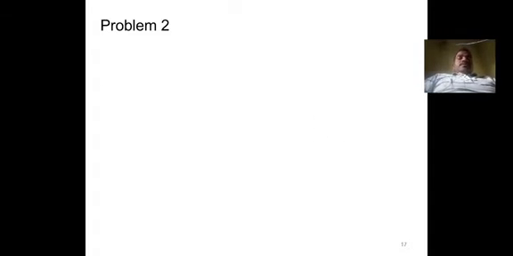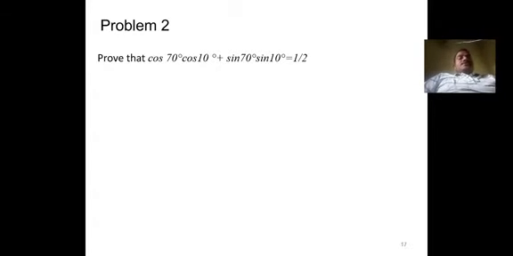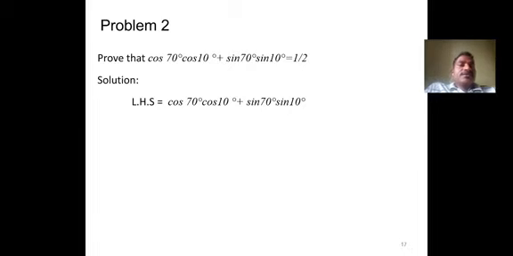Similarly, the second problem: prove that cos 70 cos 10 plus sin 70 sin 10 is equal to 1 by 2. The left hand side is in the form of cos A cos B plus sin A sin B. There is a formula: cos of A plus B is equal to cos A cos B minus sin A sin B, and cos of A minus B is cos A cos B plus sin A sin B. So take the LHS part, cos 70 cos 10 plus sin 70 sin 10.